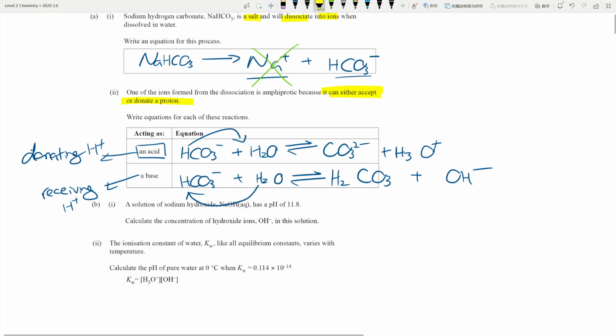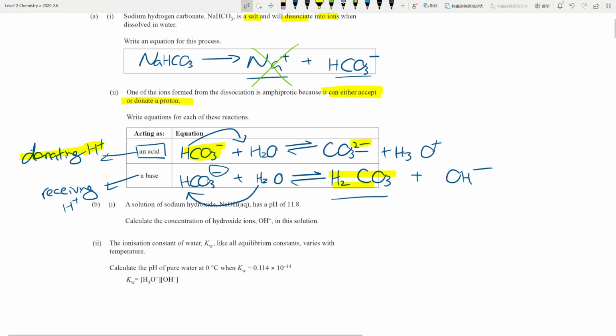Now be very mindful of these charges, because you're starting with HCO3 minus, you donate an H plus away, so you lost a +1 charge. That's why it became 2 minus, and that's why there is no charge over here, because you have gained an H plus, which neutralized that minus charge.